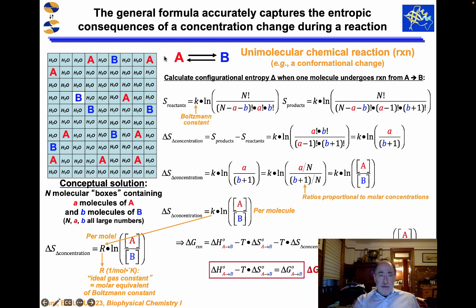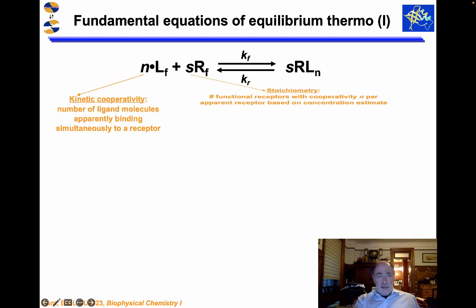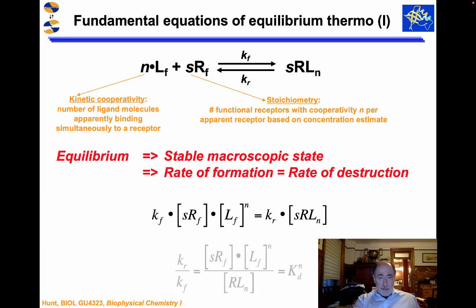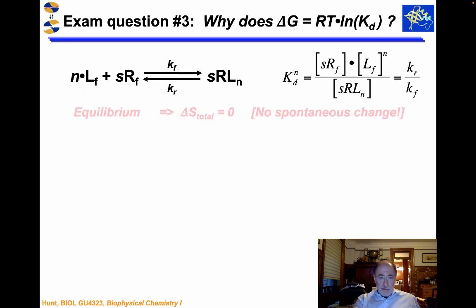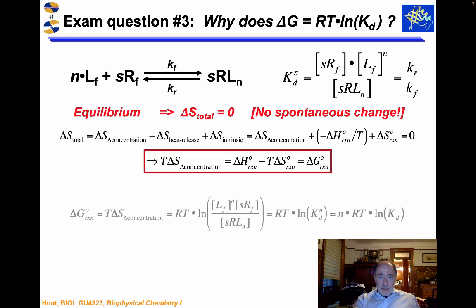Again, you could do this same counting exercise with R plus L goes to RL, or R plus 2L goes to RL2, and you would get a concentration ratio term that looks exactly like that. I'm going to leave you to do that exercise, which is very straightforward.